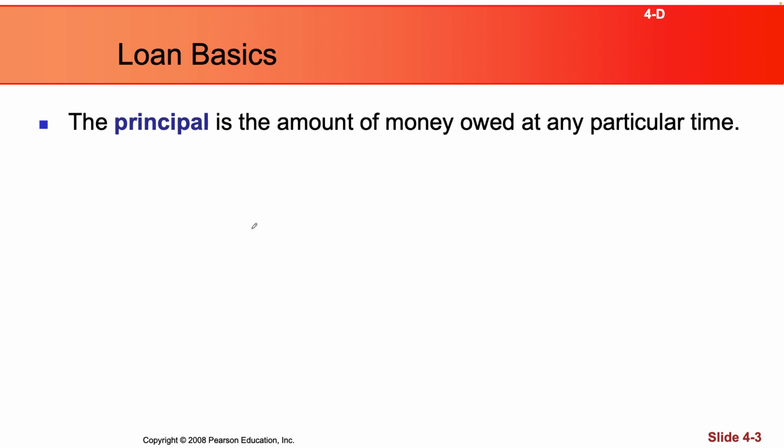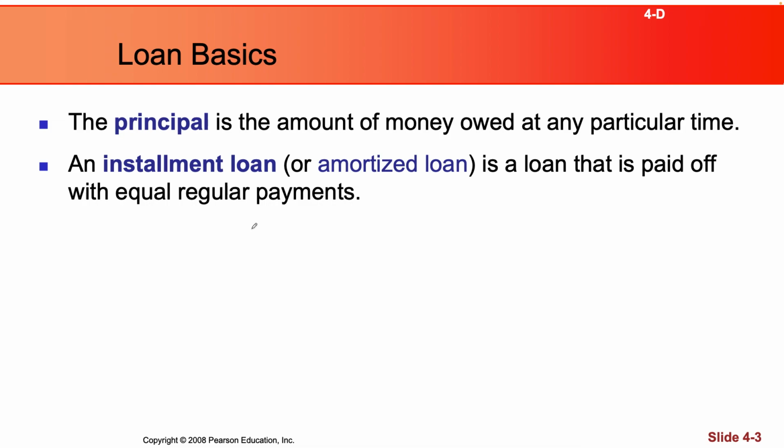So each payment, typically, some of it goes to pay back part of the loan, the other part goes to interest, which is the investor's benefit. An installment loan is paid off with equal regular payments. So each month we pay $500, whatever it is, and some goes to interest, some goes to the loan.